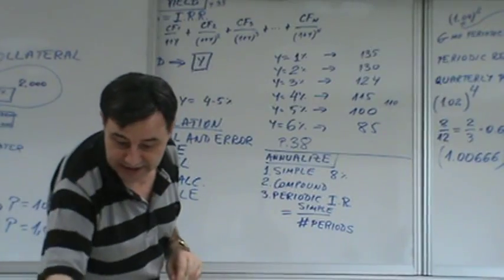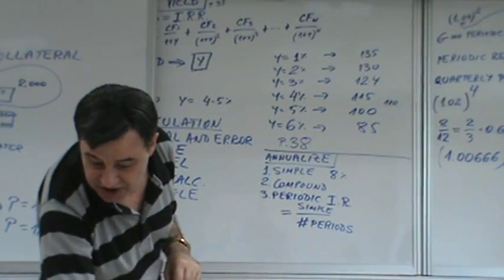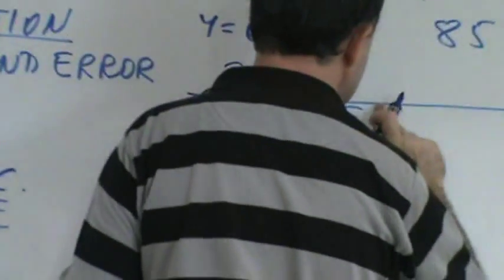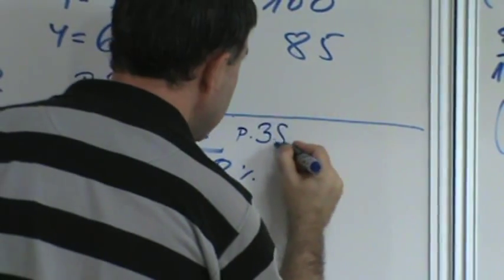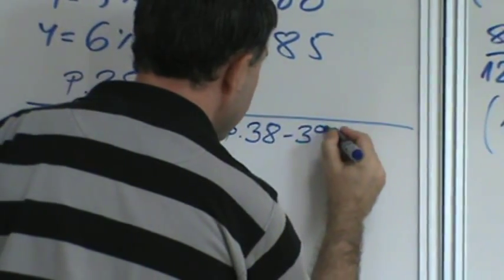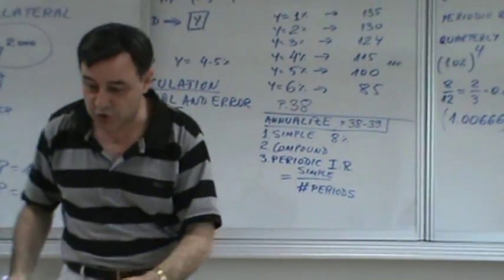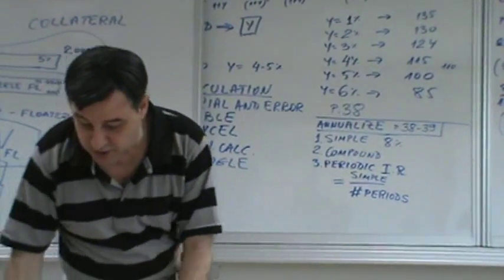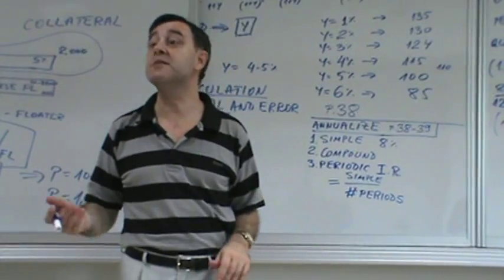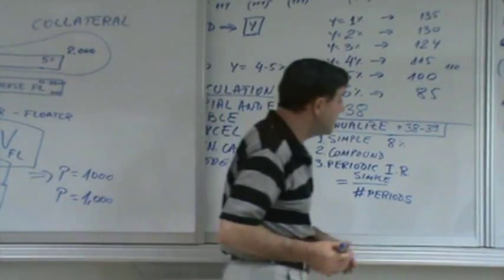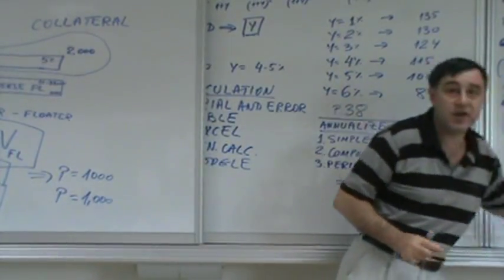So the annualization is pages 38, 39. Annualized, I'm going to delete and write here, pages 38, 39, so you know what I'm talking about. And we've got about 20 minutes left to discuss the second section, which is the most important section of this chapter. I'm running out of board over here.